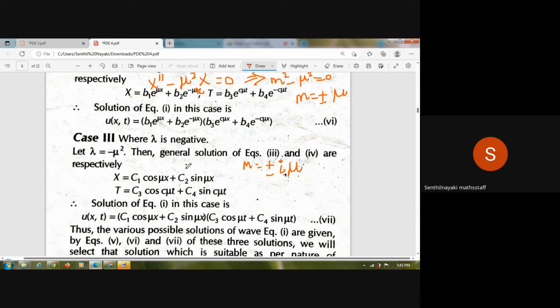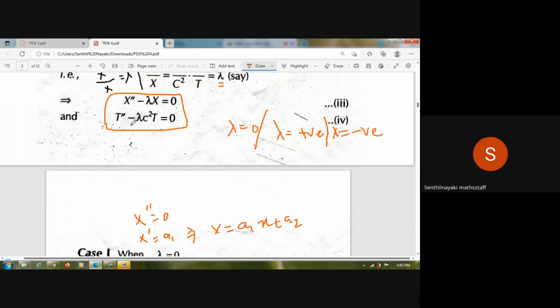Similarly, for the time differential equation, if lambda equal to minus mu square, we get T double dash plus mu square c square T equal to 0. Then the auxiliary equation is m square plus mu square c square equal to 0.